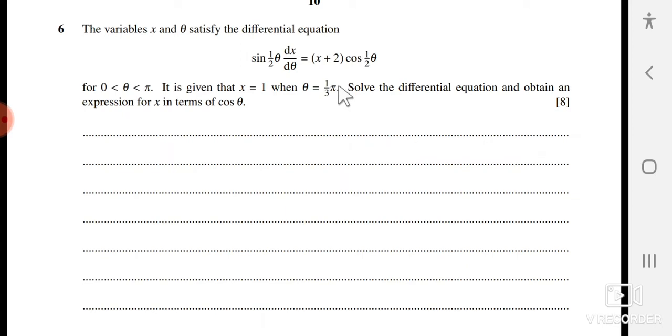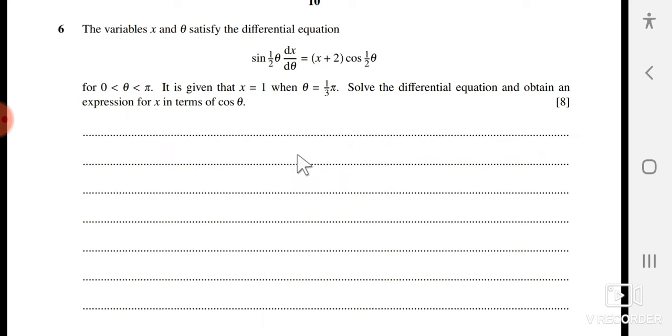You got it, my dear? Okay, and then just integrate on both sides and find the constant of integration, and if there are limits, you apply these limits and can get the corresponding value of c.